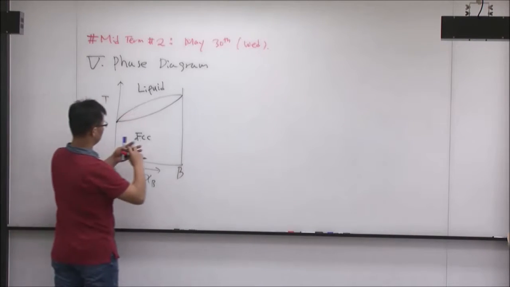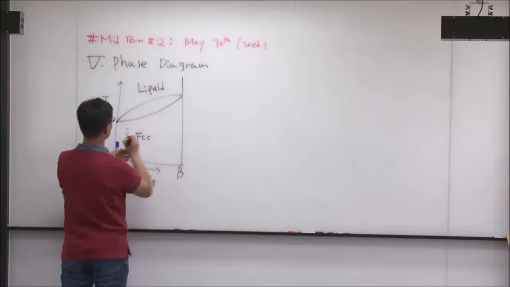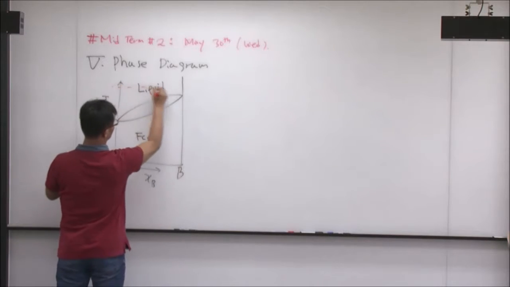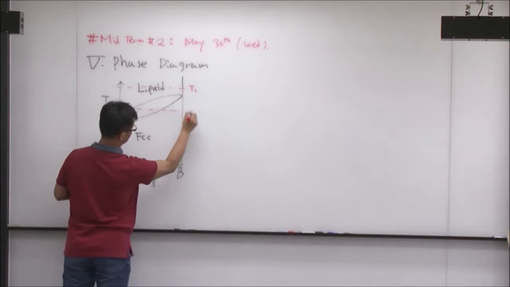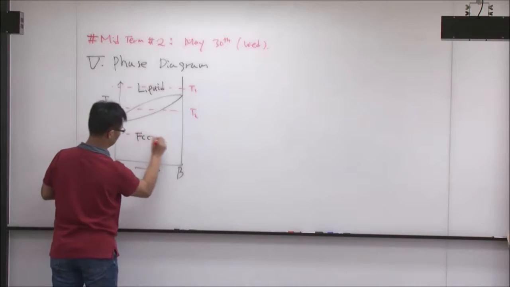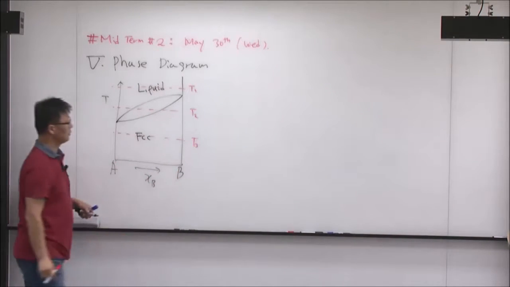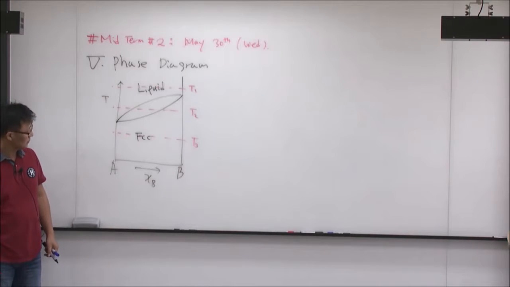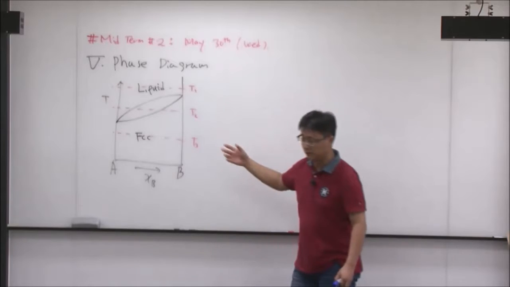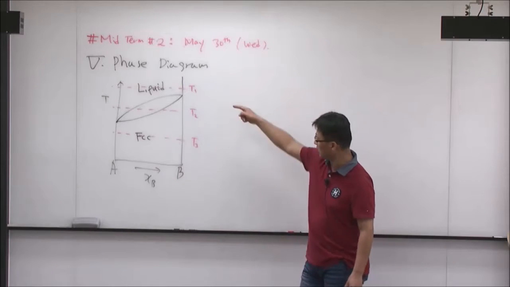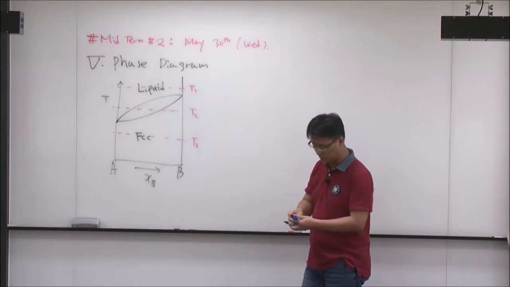Let's take temperatures T1, T2, and T3. Now, when I ask you to draw the Gibbs energy diagram for each temperature, you have to draw it in this way.